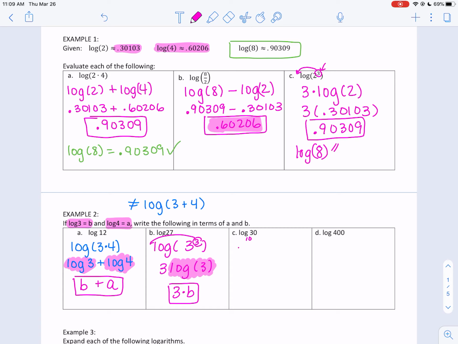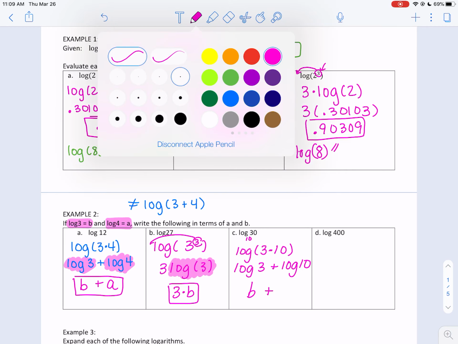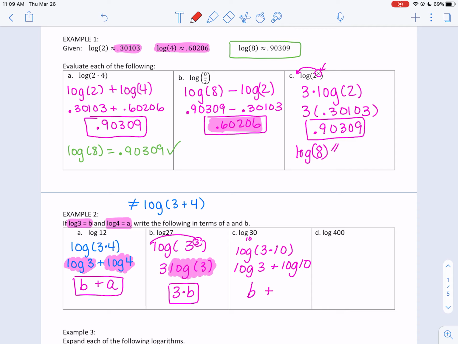We can rewrite log 30 as log of 3 times 10. Using addition to separate those into two logs, we have log 3 plus log 10. Log 3 we know is b from above. And log 10, recall, if you want to evaluate log 10, you're basically saying to yourself, 10 to what power is going to give us 10?